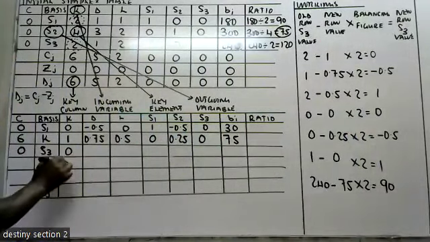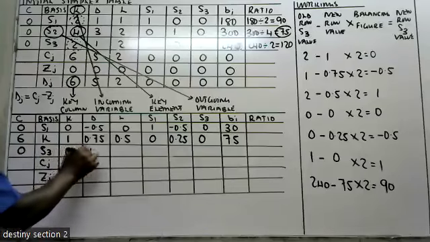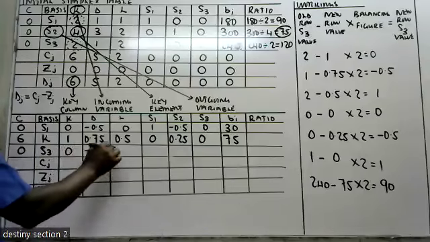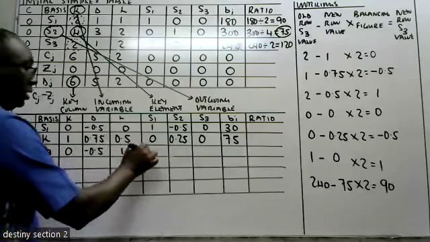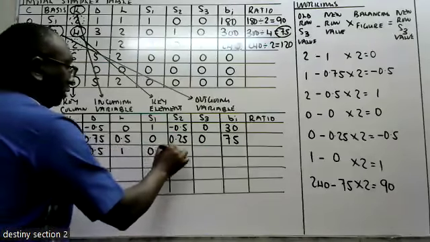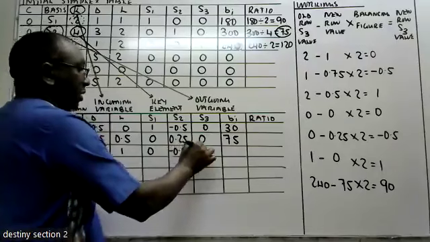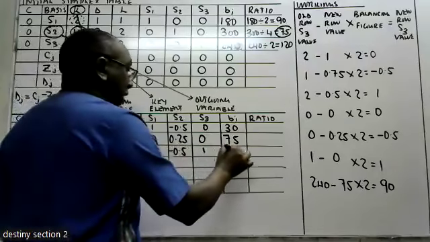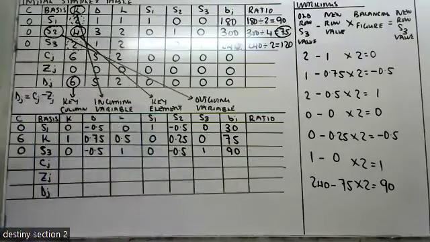This is 0. This is negative 0.5. This is 1. This is 0. Negative 0.5. This is 1. And this is 90.